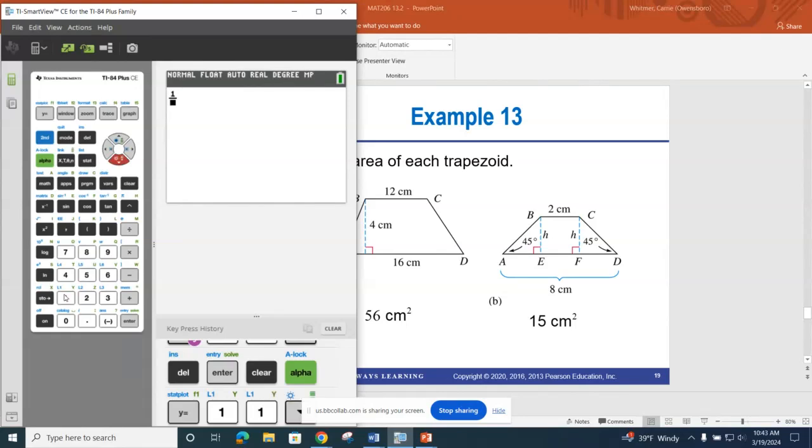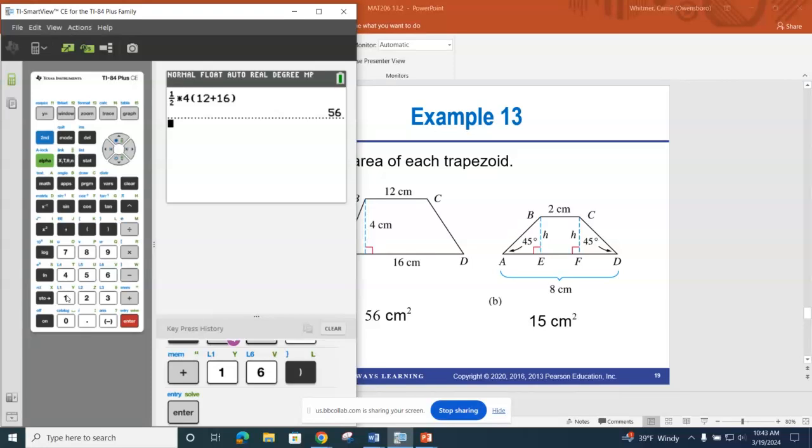So I have 1/2 times 4 times 12 plus 16. Forgot the rest of that number, 12 plus 16. There we go. Which gives me 56 square centimeters.